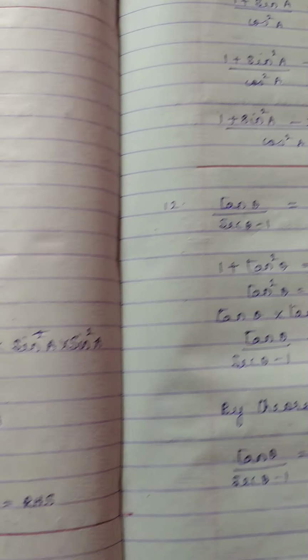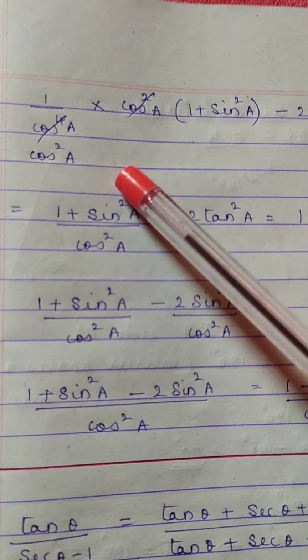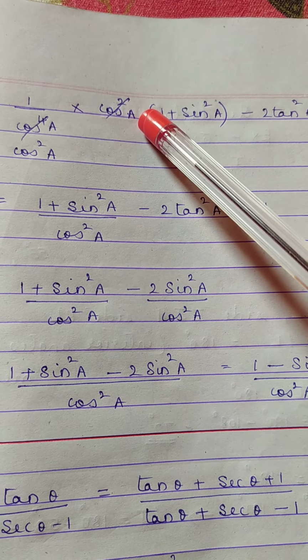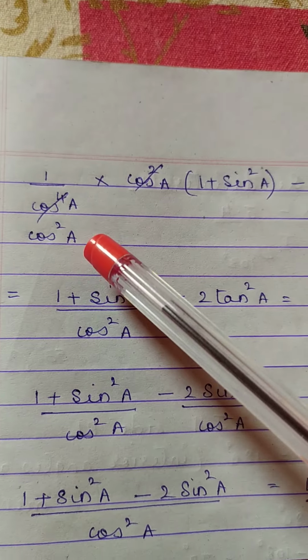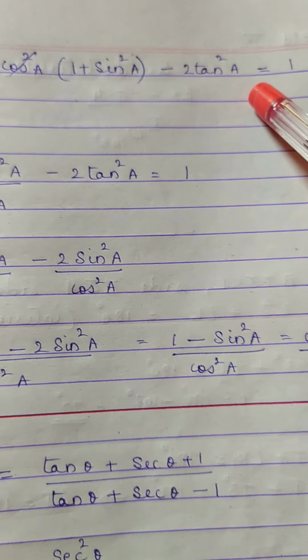This is your LHS. Now see cos raised to 4a. Now here 1 minus sin square a is cos square a. This cos square a goes cos square a times here into 1 plus sin square a minus 2 tan square a.